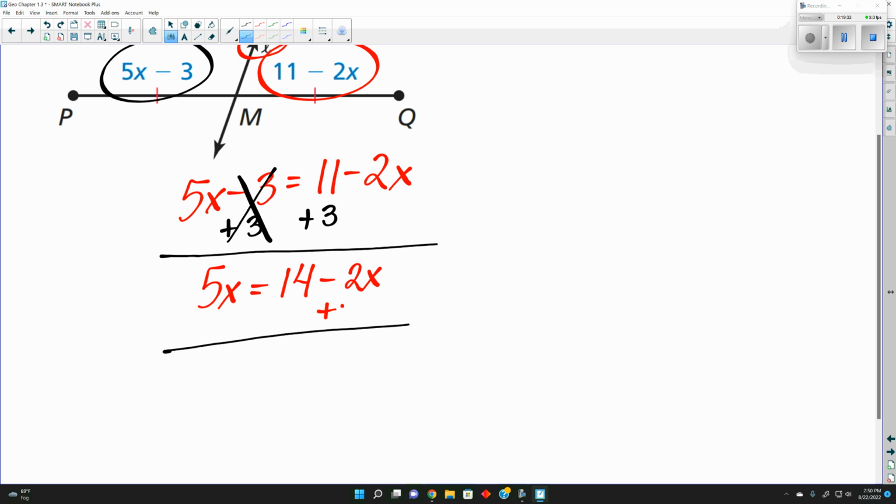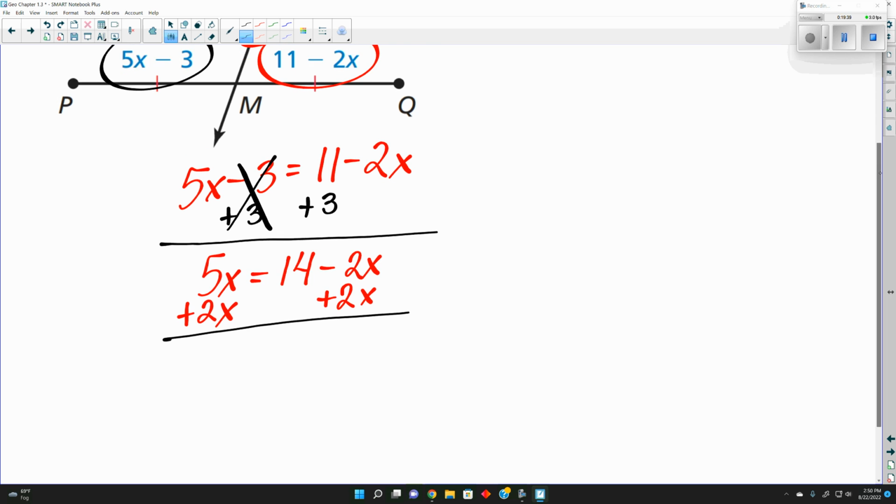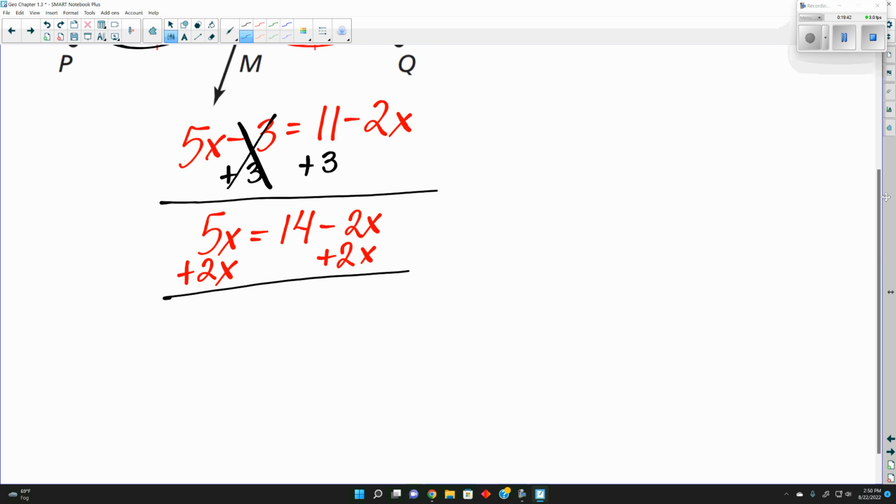So we would add. Because negative 2x plus 2x, negative 2 plus 2 is 0, which leaves us with 14 on the right-hand side. 5x plus 2x is? All right. Are all the x's on the same side? Okay. Is x by itself? No, so what do we need to do by?